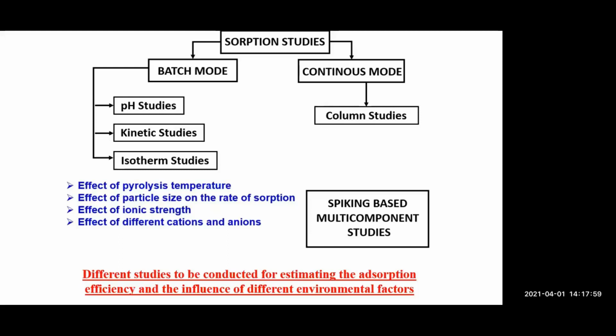With these studies, the effect of pyrolysis temperature on the sorption process, effect of particle size on the rate of sorption, and effect of different multi-components such as ionic strength, cations, and anions will be evaluated and further estimated.